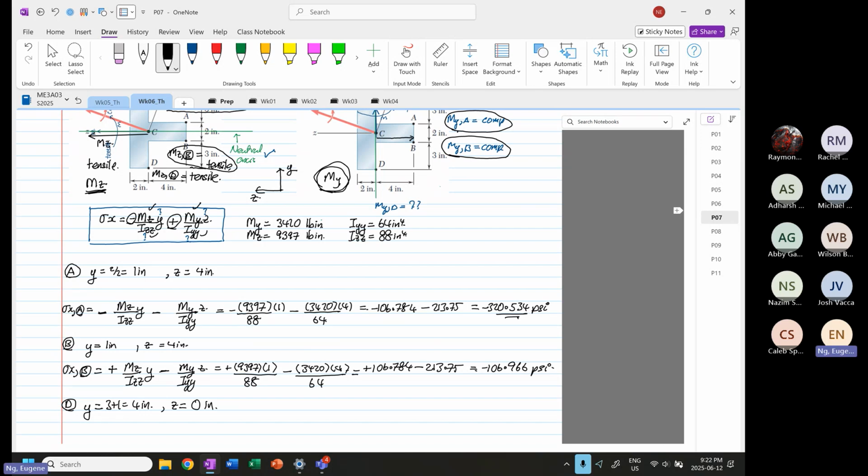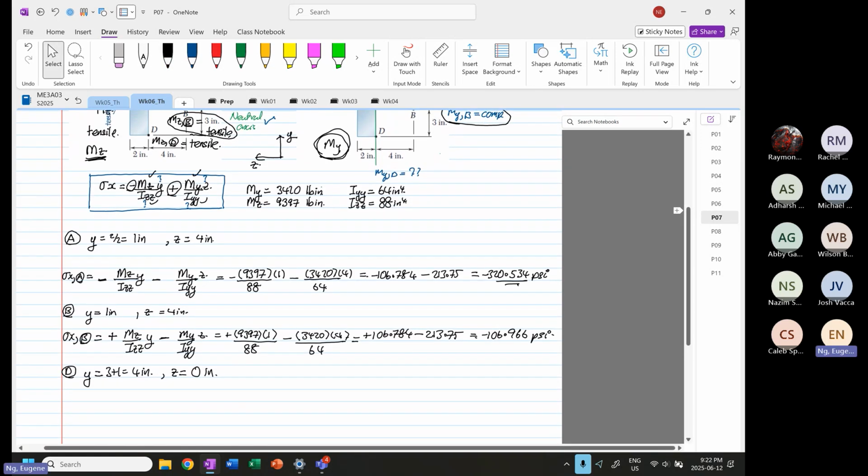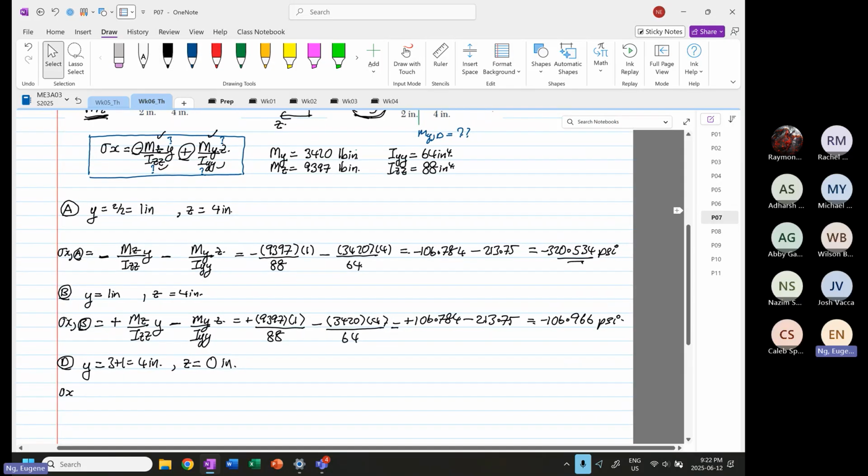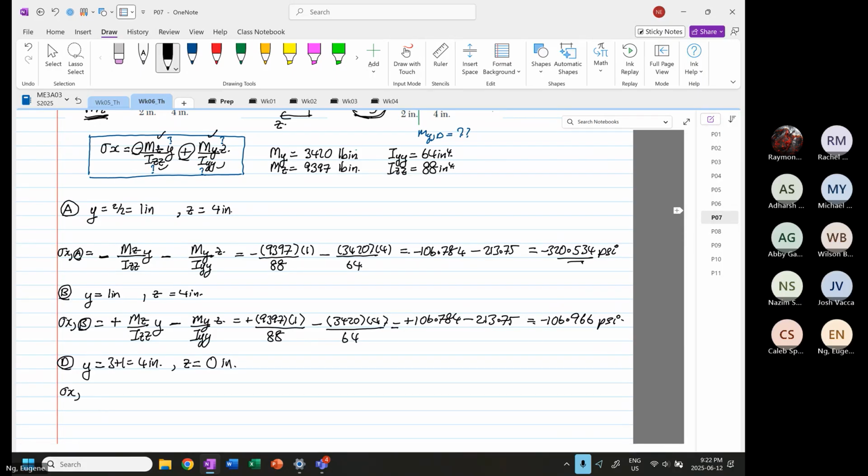So next we will find stress X at point D. Again, write down Mz over Izz multiplied by y, minus My over Iyy multiplied by z. And we know that this is equal to 0 because Z is equal to 0.